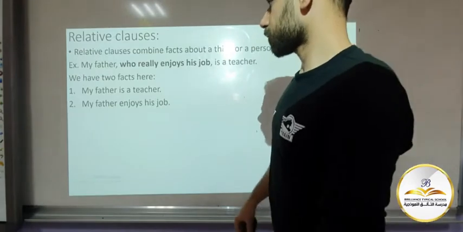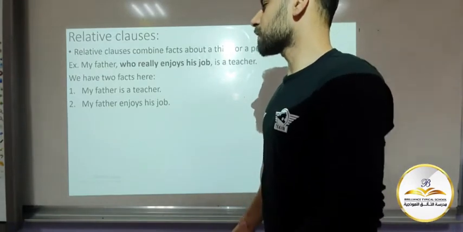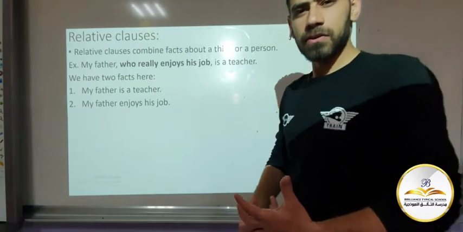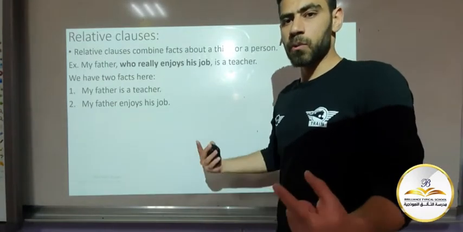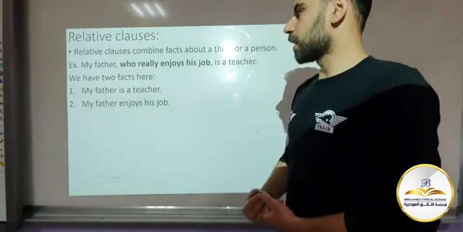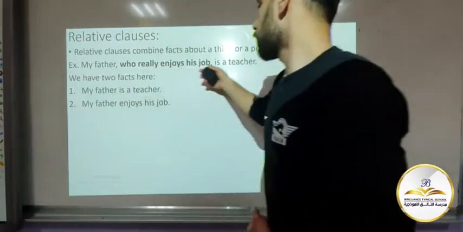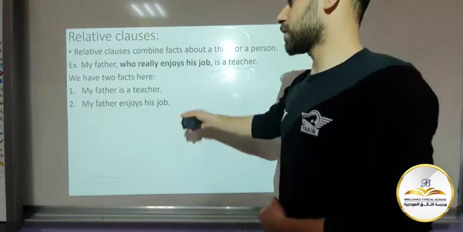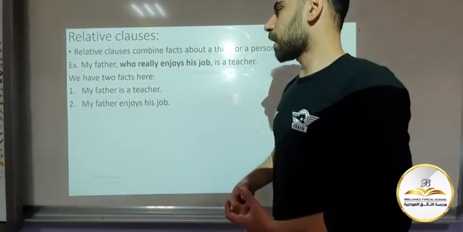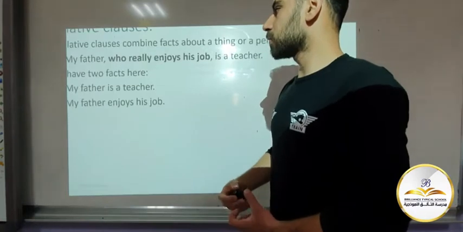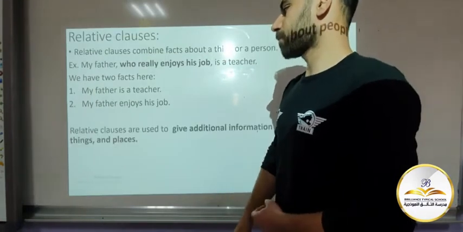So relative clauses are a way to mix more than one simple sentence in one complex structure, like this one. It's very academic, actually, to use this structure, and it's much easier using it in speaking.